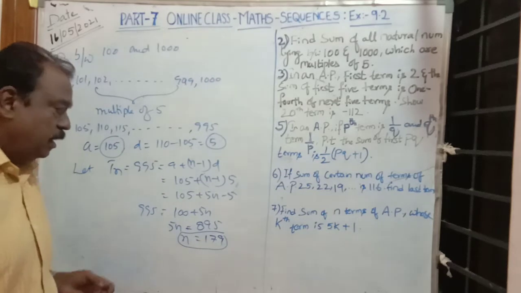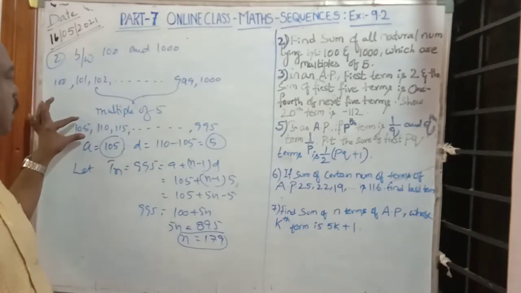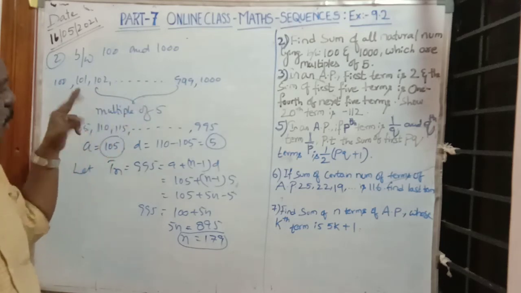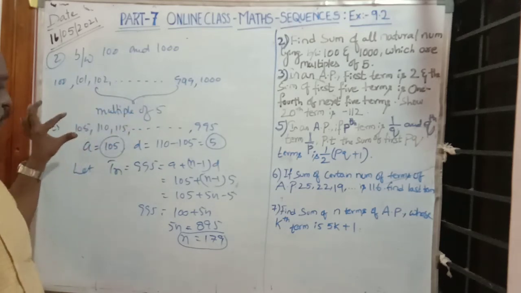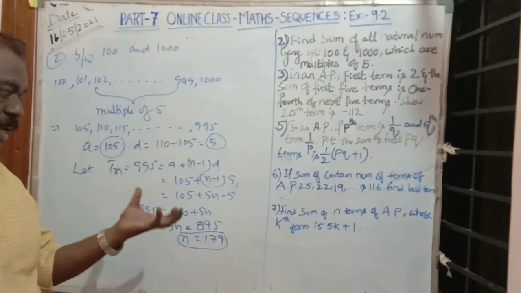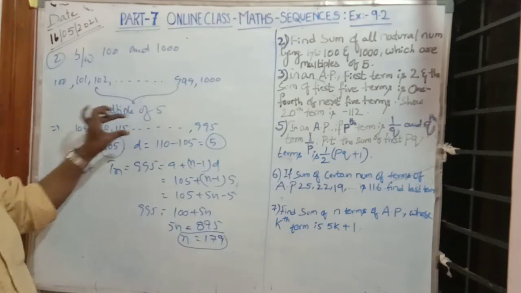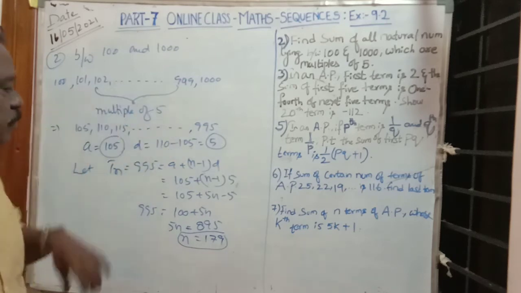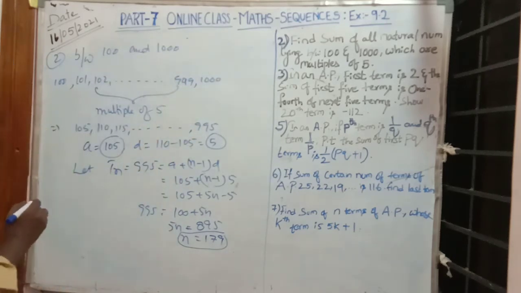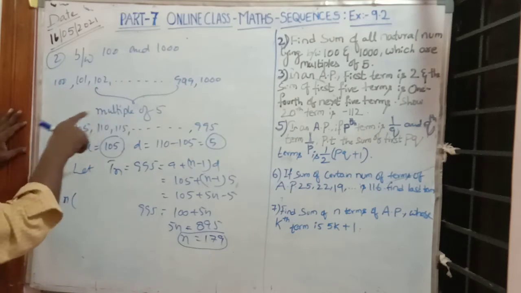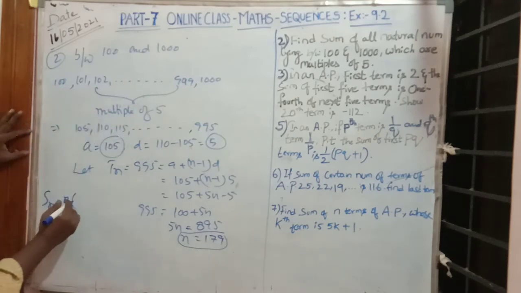What is the meaning? Among the natural numbers between 100 and 1000 that are multiples of 5, there are 179 numbers. Here, the number of terms is known, and we have to find the sum Sn, the sum of n natural numbers, all multiples of 5 between those two numbers.